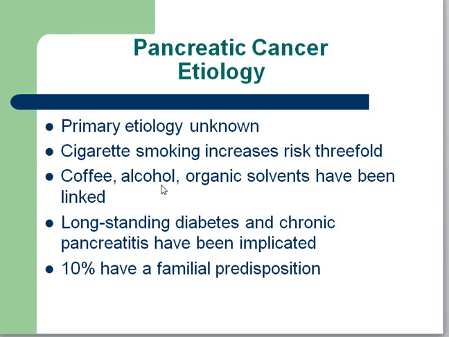Chronic alcohol intake is common. Coffee has been implicated. A history of chronic pancreatitis with multiple attacks over a lifetime is also a predisposing factor, as well as diabetes. As I mentioned before, 10% of these cases are actually familial, and most of the familial involve the BRCA2 gene.